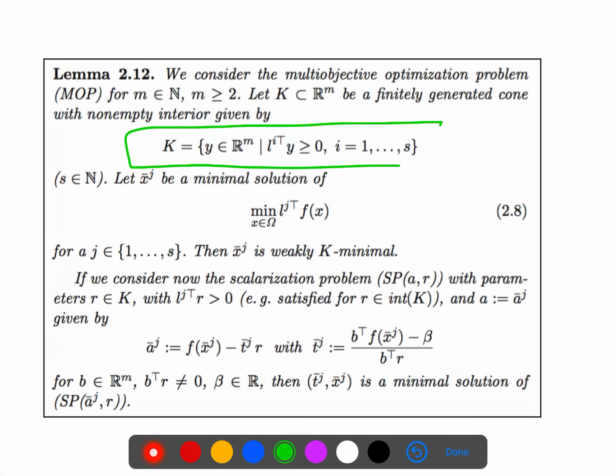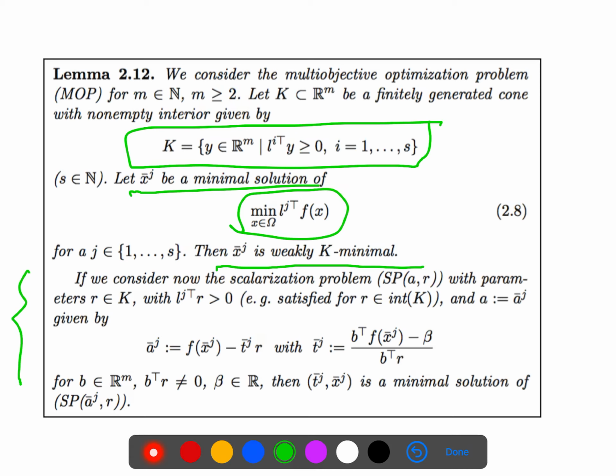So if we have such a cone that is defined by some finitely generated, it's a polyhedral cone that is finitely generated. And we want to prove that if xj is a minimal solution of this scalar optimization, which is easy, then xj is definitely a weakly k-minimal point.